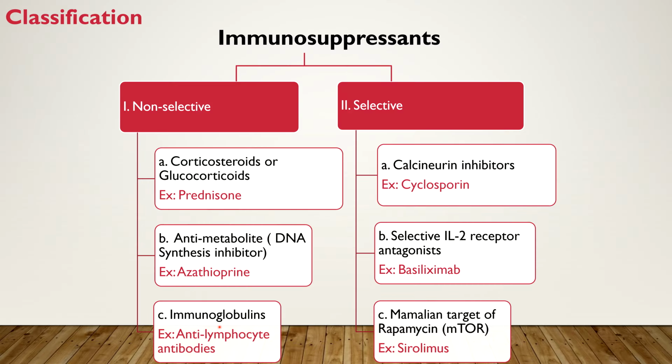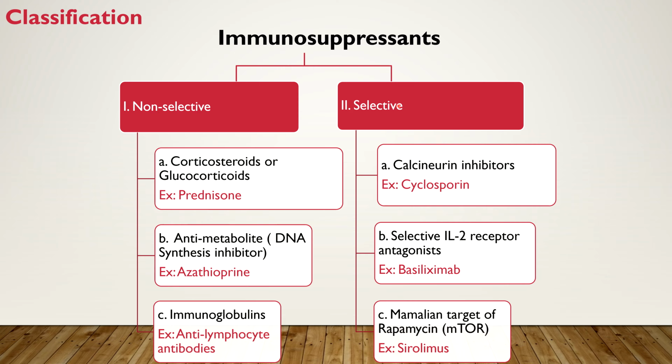The third class is immunoglobulins, example anti-lymphocyte antibodies. We know well that lymphocytes are responsible for the immune function, because T lymphocytes and B lymphocytes mainly act in the immune system. So we use the immunoglobulins, which suppress the lymphocytes so that we can suppress the immunity.